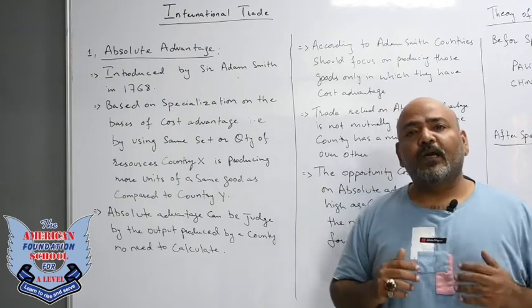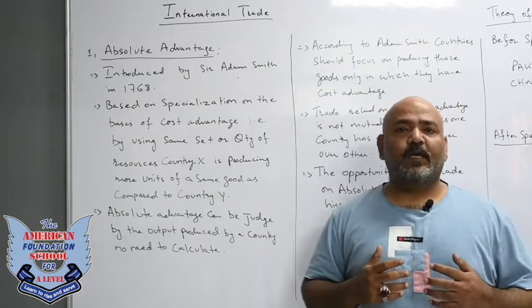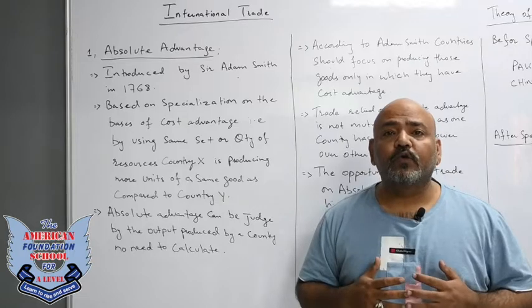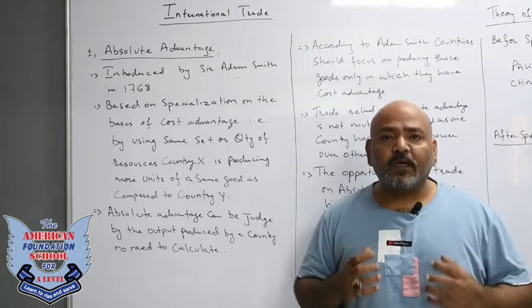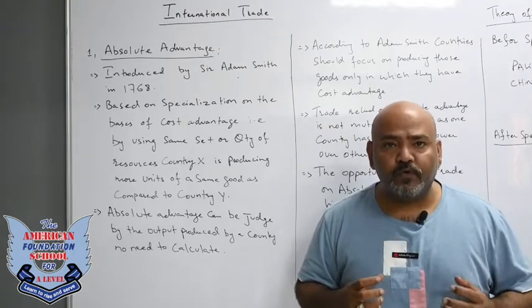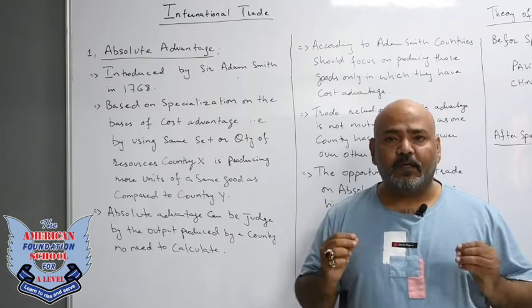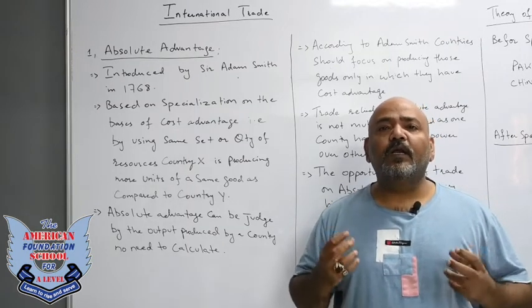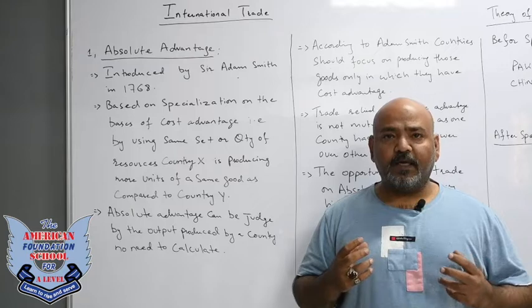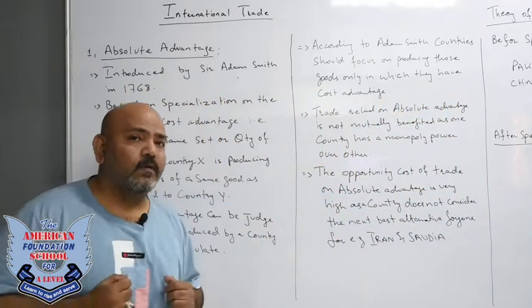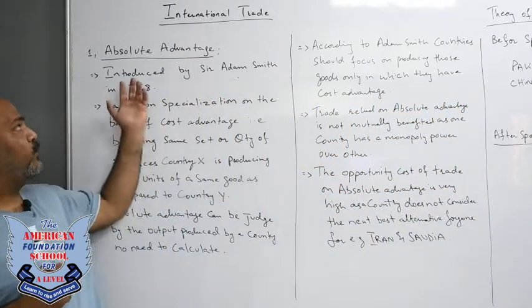If China or Japan wants to be specialized in primary sector like Pakistan, India, Bangladesh, their opportunity cost would be very high as their factor endowment, or the nature of resources they have, does not support producing the primary sector. This is factor endowment. Am I clear?